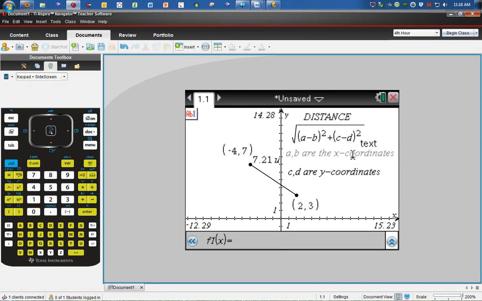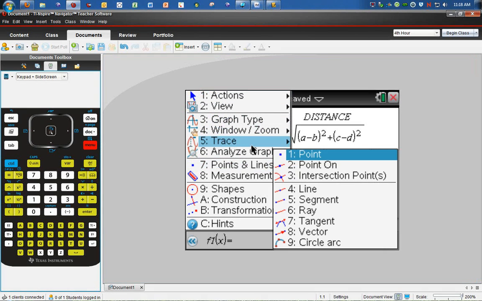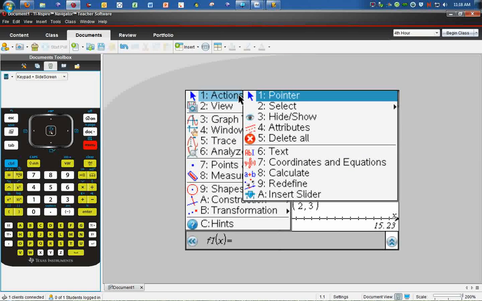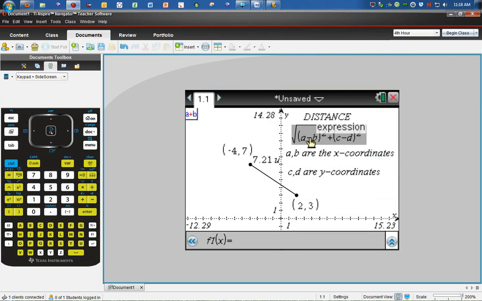Now, since I've created the expression, I want to calculate this. So I'm going to hit menu, and not points and lines, we're going to go back into actions because that's where we're doing this. And I want to calculate. This is the expression I want to calculate.